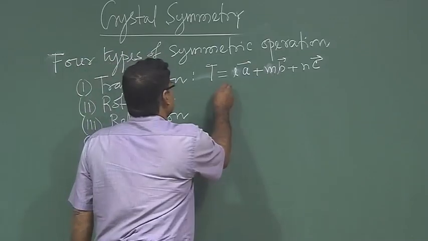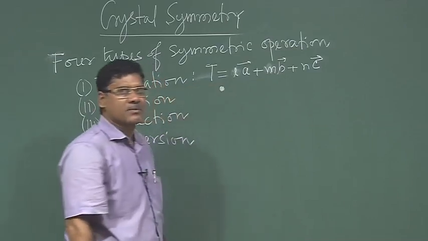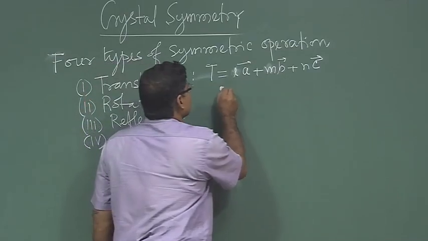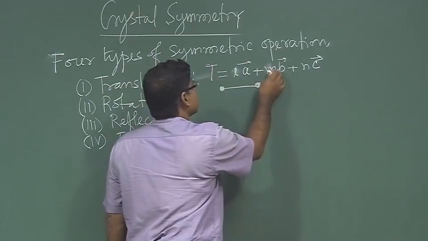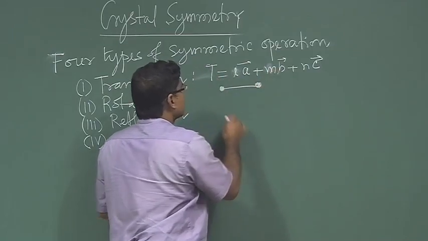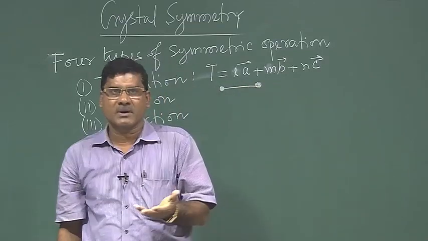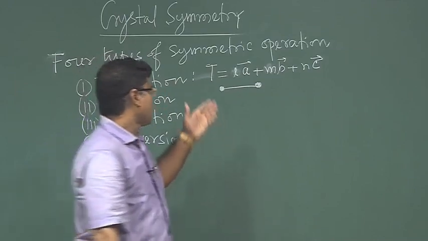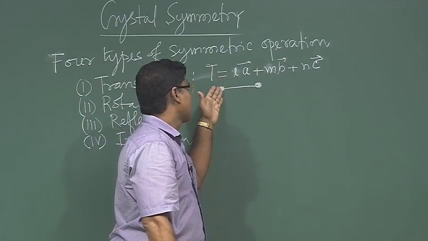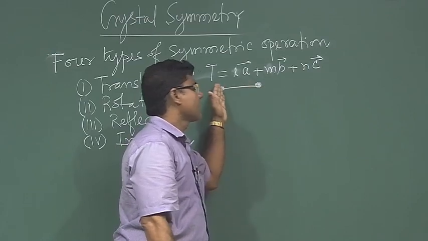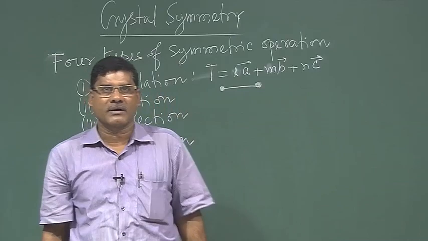So, in a crystal from one lattice point to another lattice point one can go using this translation vector, and you will get the same environment. Whether any translation or shifting from one position to another position of a point, one cannot distinguish.